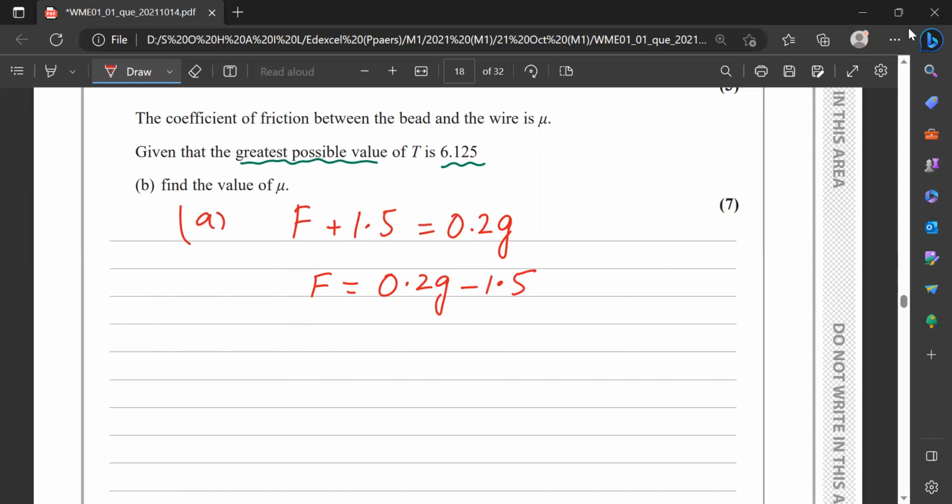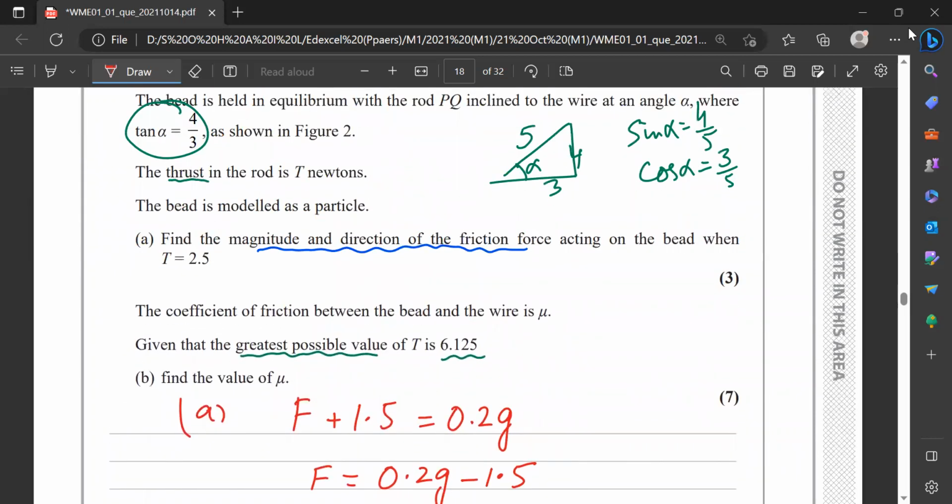So 0.2 multiplied by 9.8 minus 1.5 is 0.46 newtons. So this is the friction force, 0.46 newtons.